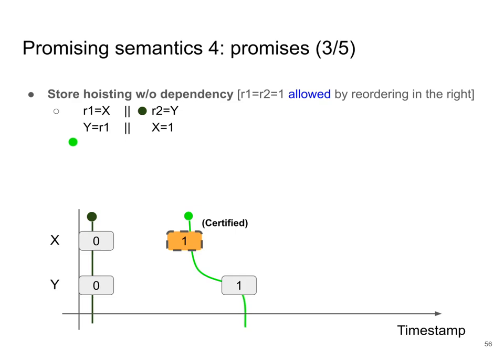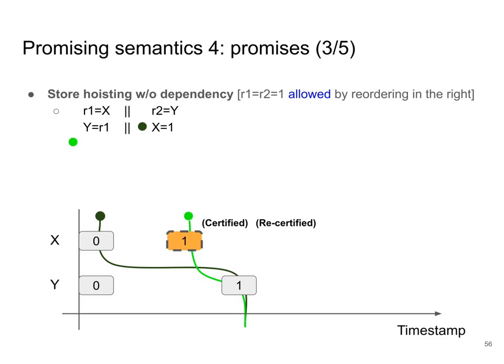And now it is the time for thread 2 to execute the behavior. So first, it may read y equals 1 because it is already written in the memory. And furthermore, it can finally fulfill the promise, the x equals 1.